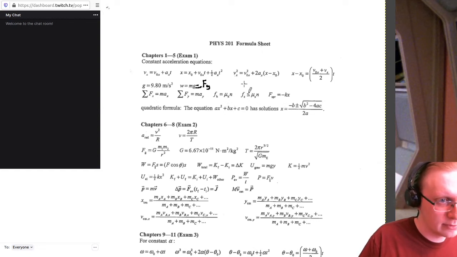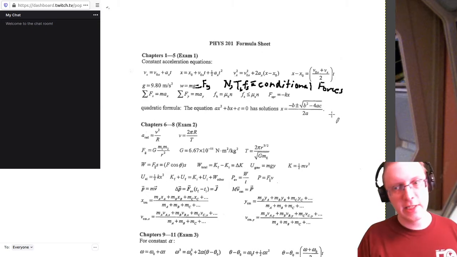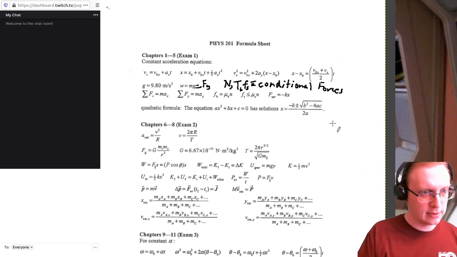Normal is not provided, but normal forces, tension forces, and static friction forces, these are what I like to call conditional forces. Basically, these forces take on the value such that a condition is satisfied.